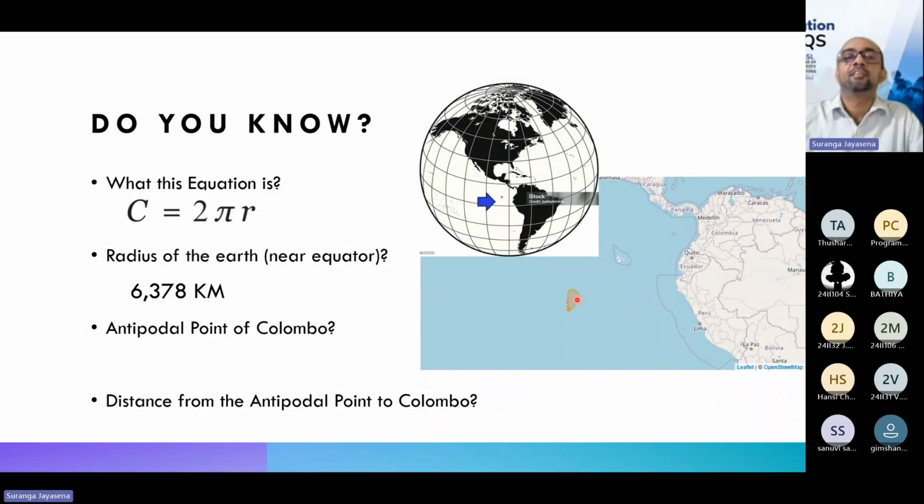Anybody? From this point to Colombo on the surface of Earth. Directly we know it is 2 times this distance, about 12,700 something.